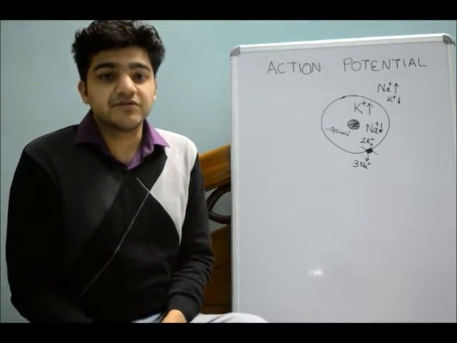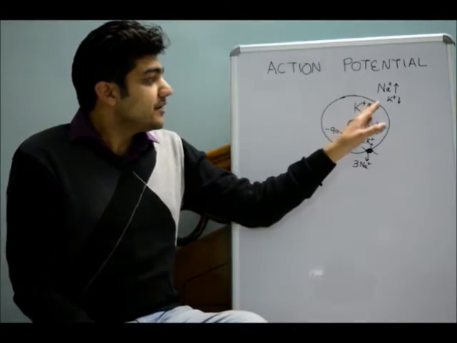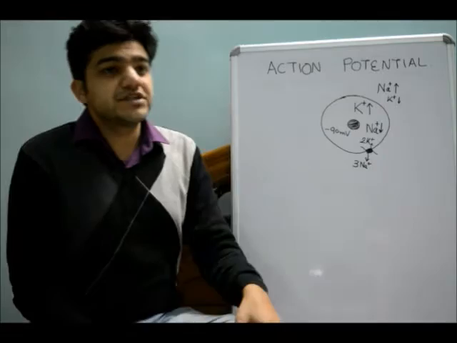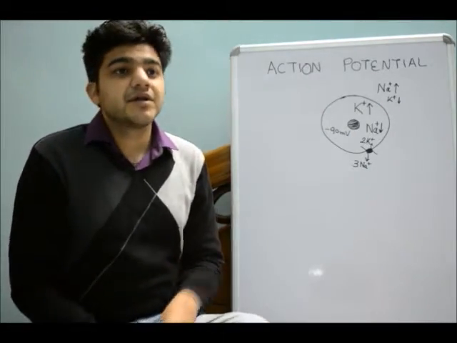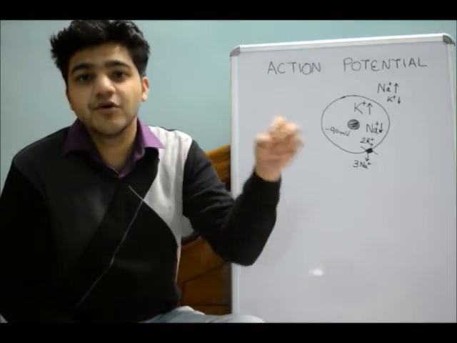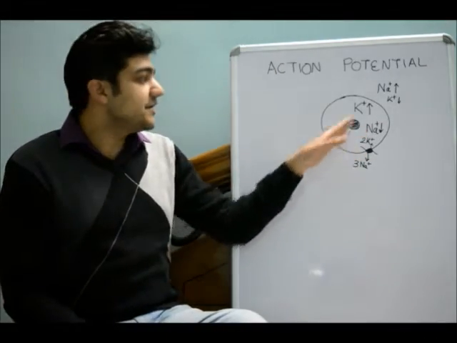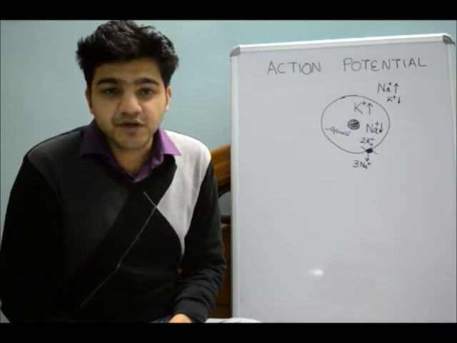Now what happens during an action potential? You can produce an action potential by stimulating a nerve electrically, or by putting in some neurotransmitter, some drug, some hormone, some chemical entity which could lead to generation of an action potential.